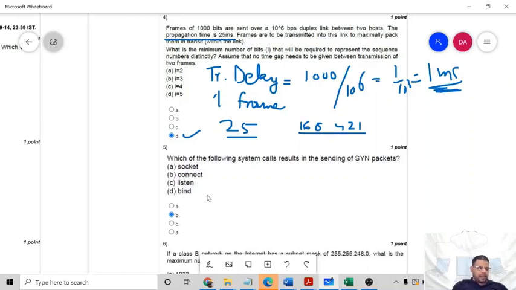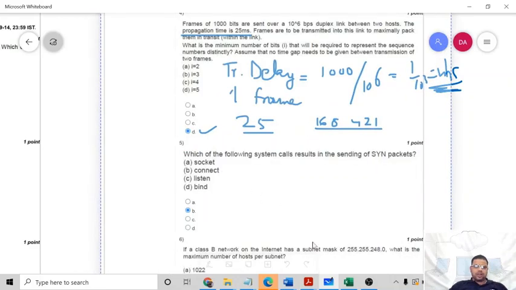Bind is typically used on the server side to associate a socket with an address structure. Listen is used on the server side on a bound TCP socket, and connect is used on the client side.